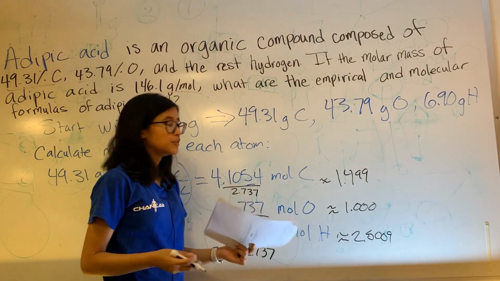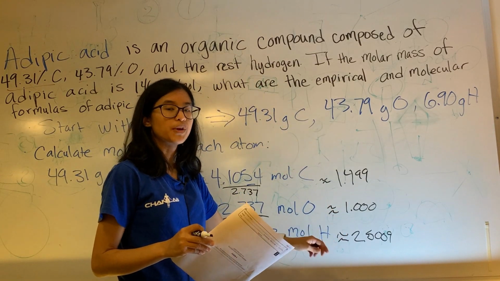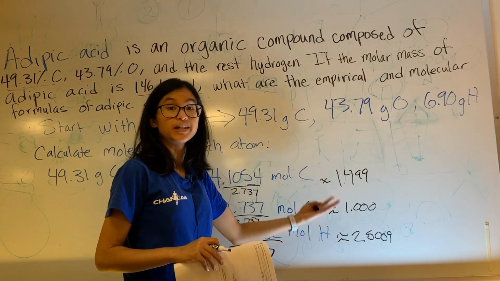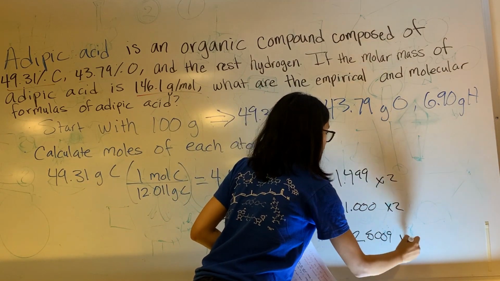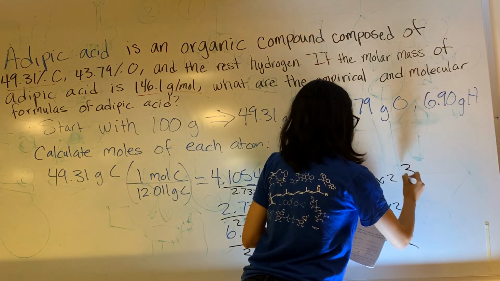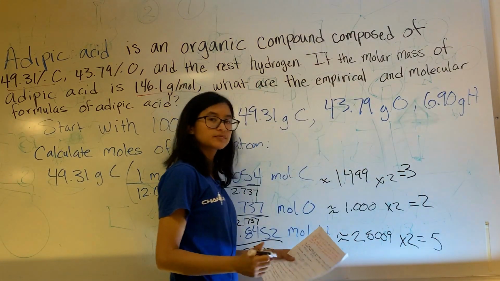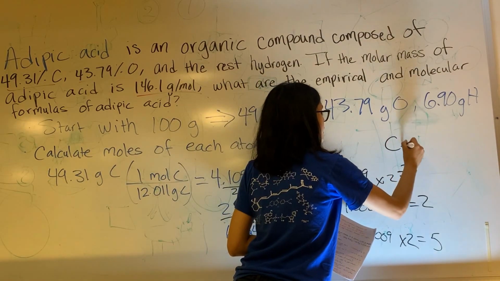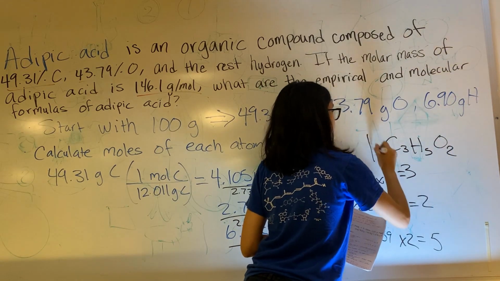To fix that, you multiply by the smallest number that gives whole number ratios. Here it's pretty obvious: you've got 0.5s, so you multiply by 2. Keeping the ratio the same, you end up with 3, 2, and 5. That gives you the empirical formula, C3H5O2.